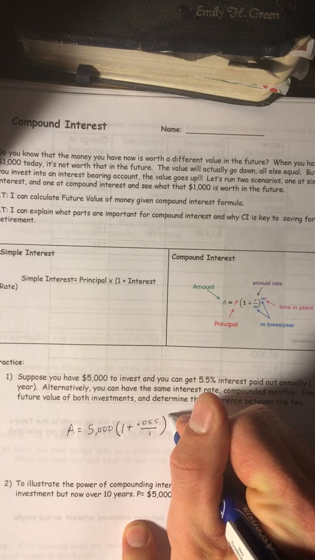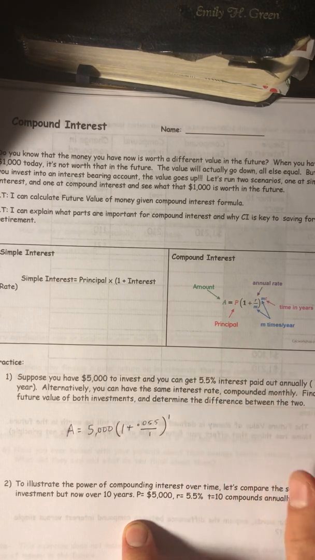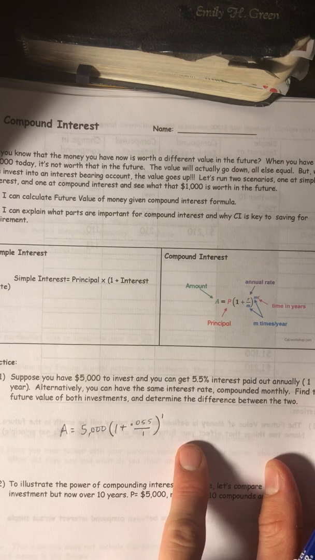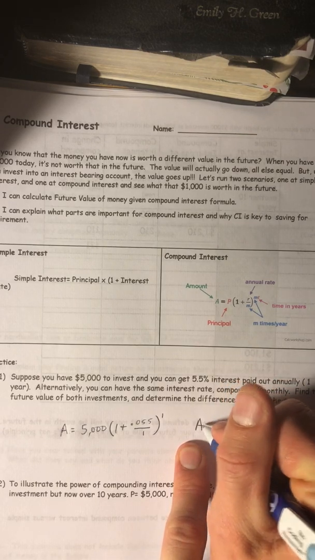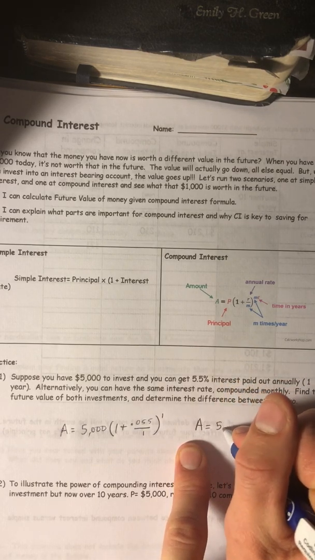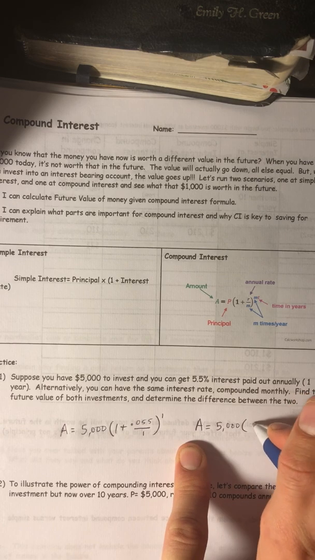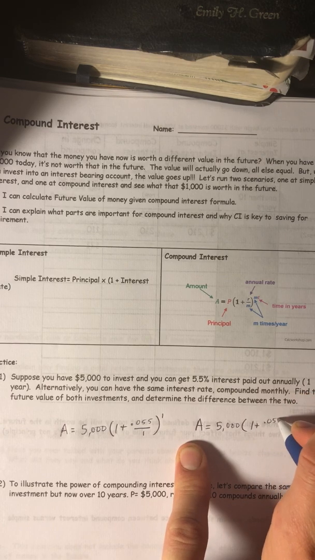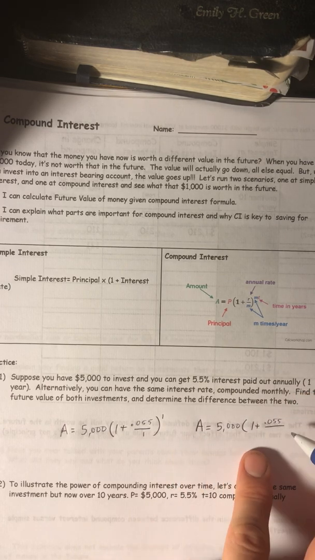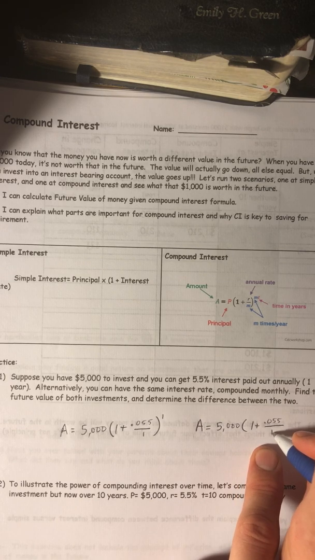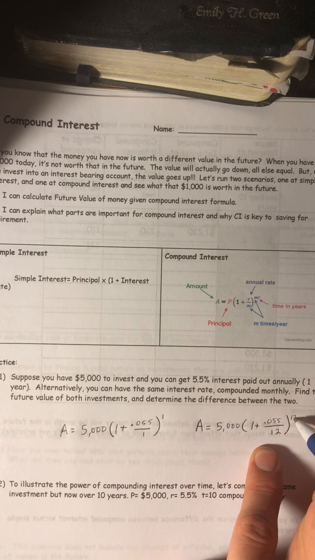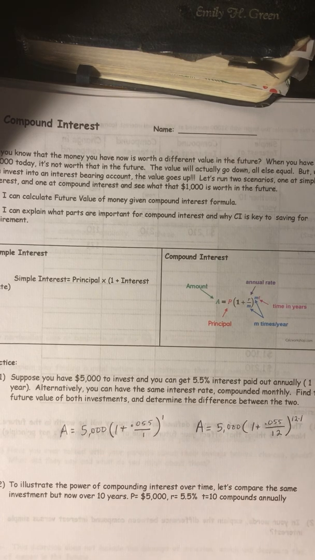The other one is going to be the same $5,000, the same rate, but this time it's compounded monthly, so 12 times per year, and the exponent is 12 times 1, which is equal to 12.